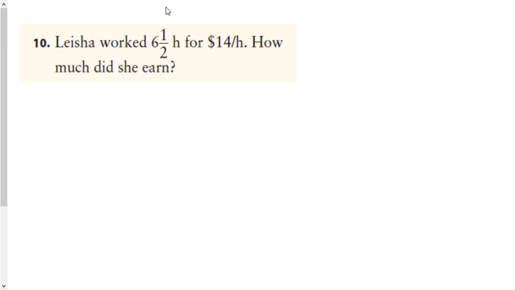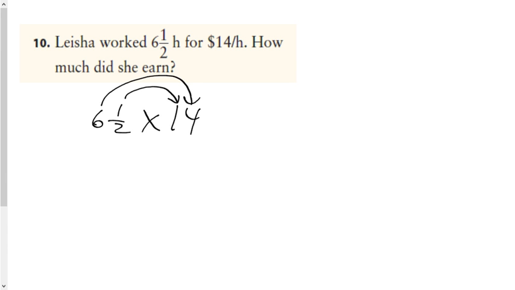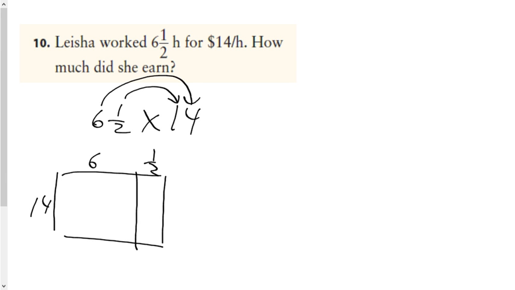It doesn't matter if you did 14 times 6.5 or 6.5 times 14. We're going to do 6.5 hours multiplied by the $14 per hour. The interesting thing is you could do 6 times 14 and a half times 14, and that's not a bad way to do it, right? I'm just going to give you two strategies here. 6.5 multiplied by 14. 6 times 14 is $84.